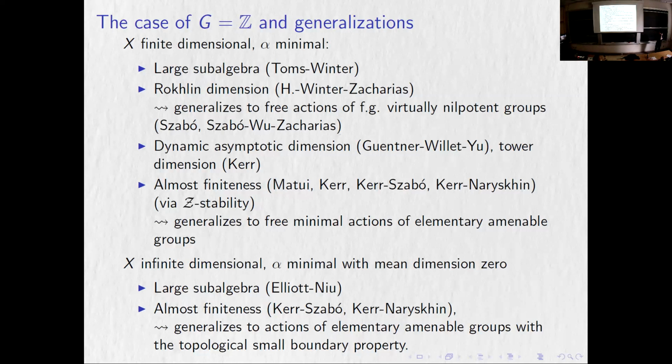The more recent approach, which gives the strongest results known now in the free minimal setting, is this notion of almost finiteness that goes back to work of Matui. It was developed by Kerr, and subsequently by Kerr and Szabó, and then by Kerr and Hirshberg. That approach is somewhat different.